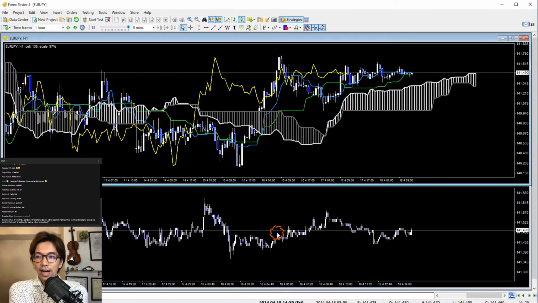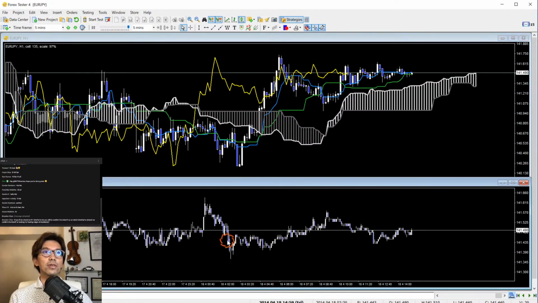So it's good to run this so that we can experience as if we are looking at the real-time chart. Alright, so I will run the 5-minute chart gradually.